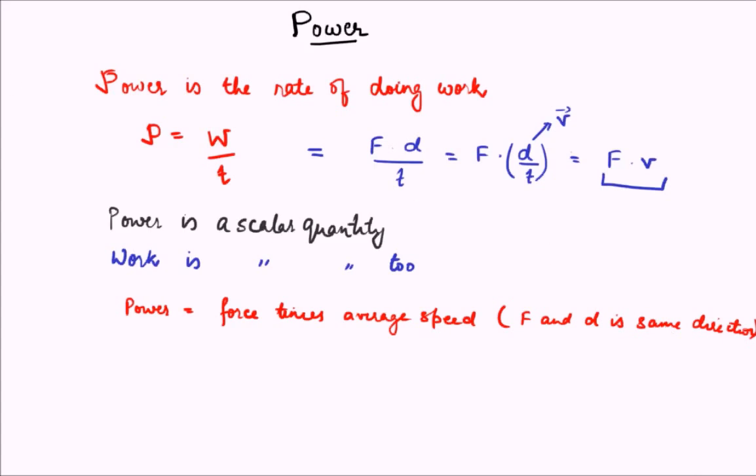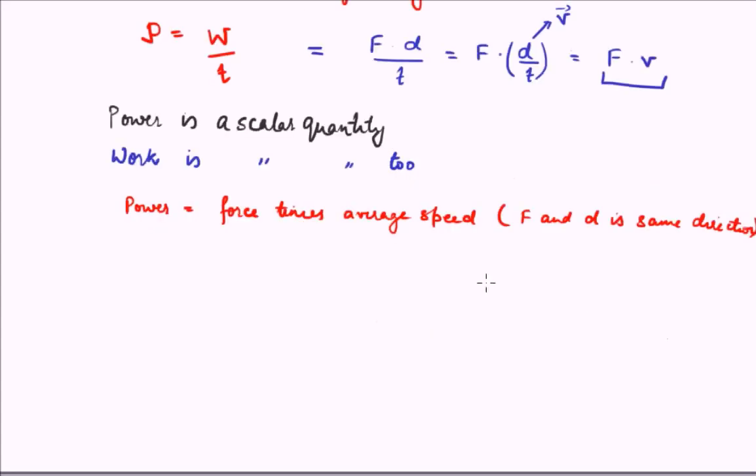Now that we know what power is, what the definition is, what it means, let us see the units of power. The SI unit of power is watt, W-A-T-T. It's also represented by a capital W. Now what is a watt?